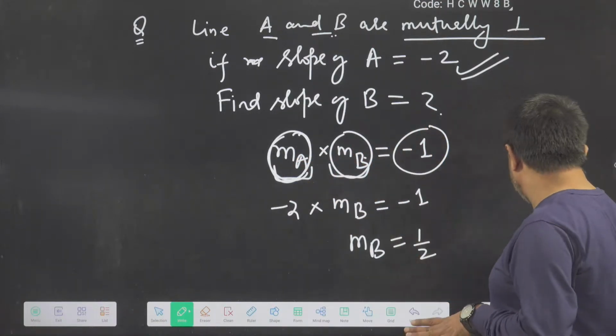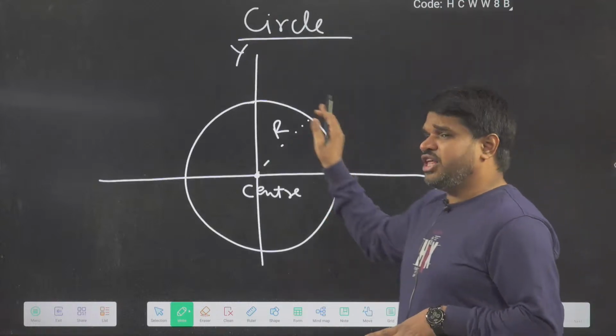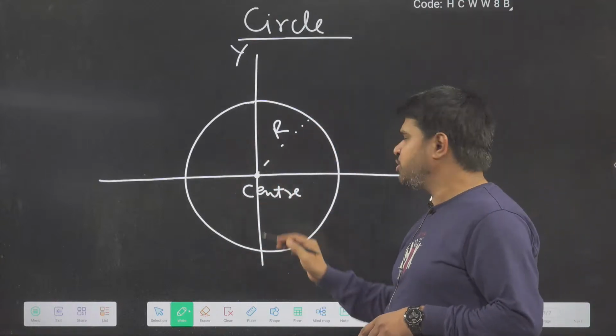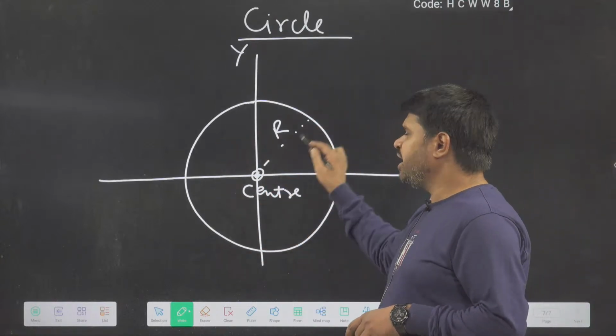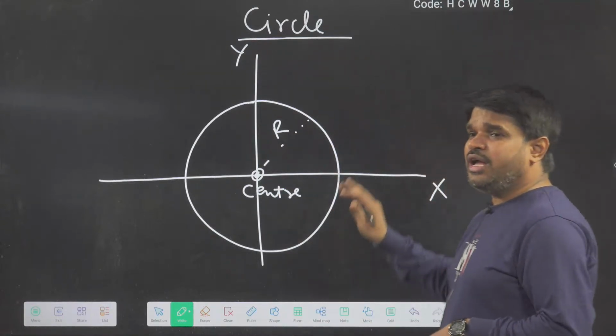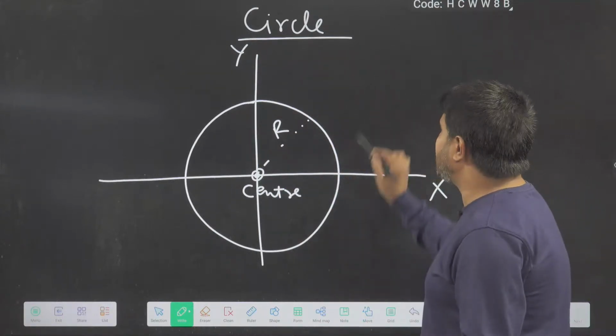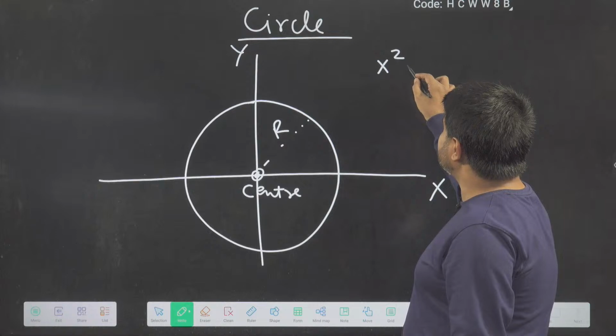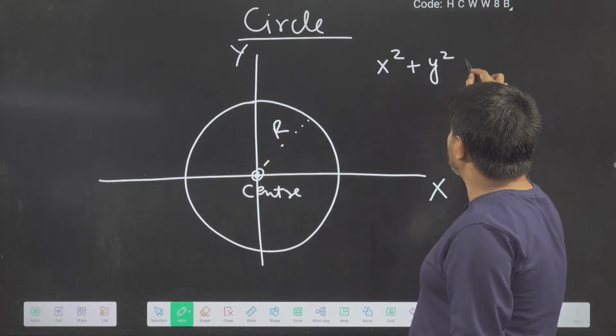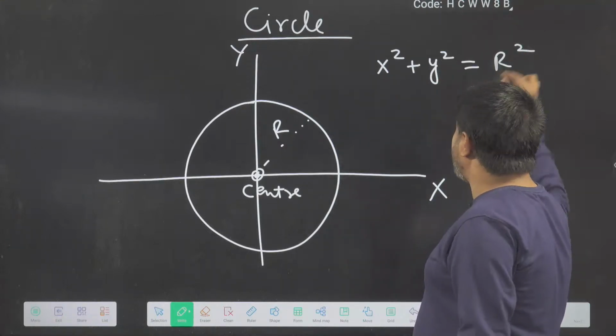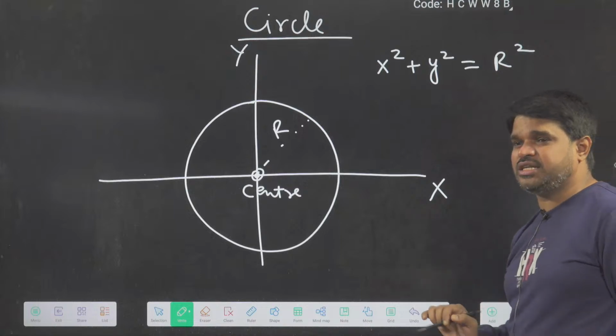Negative. Now let's get back to the circle. There is a circle centered at the origin, radius is r. The equation for such a circle is x square plus y square equals r square.